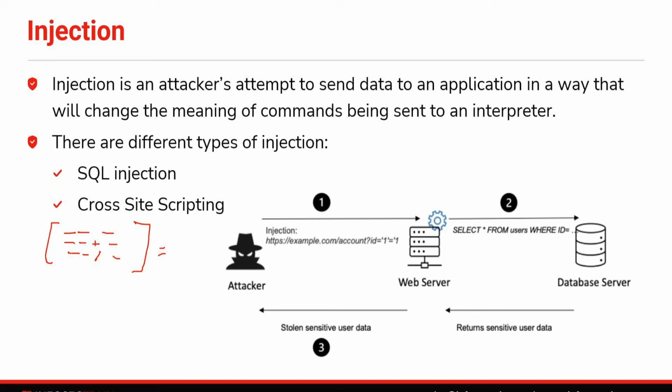So the first step is breaking the developer code. Second, we have to balance the query. And how do we balance the query? By using a commenting vector. Okay, that is step 2. Then we have step 3.